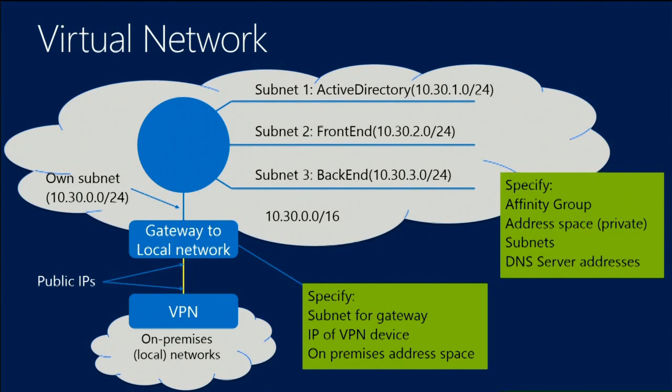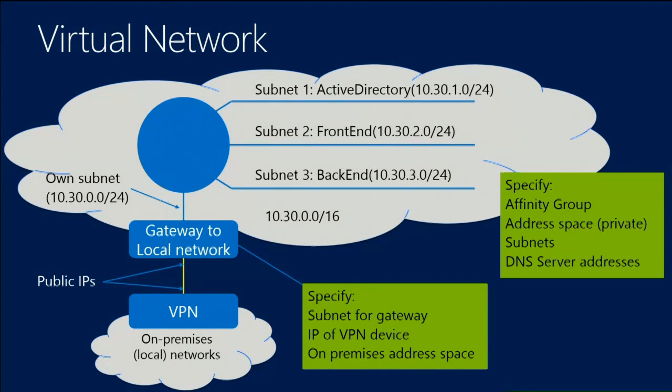And then what I do is I define a subnet to support the gateway. If I want to connect to on-prem, I don't have to, but if I want to, I need a subnet for the gateway to be on. And then I need to specify the public IP of my VPN device, right?